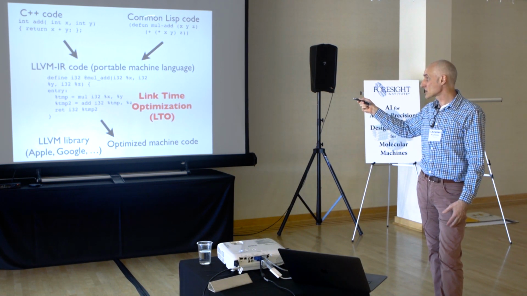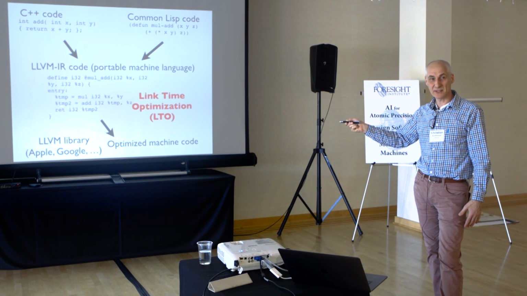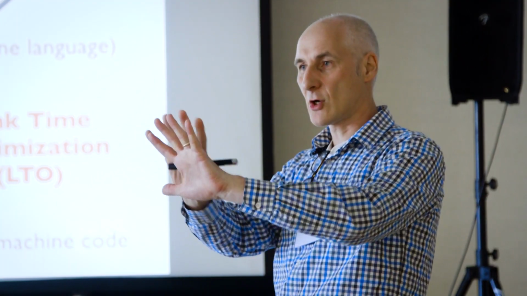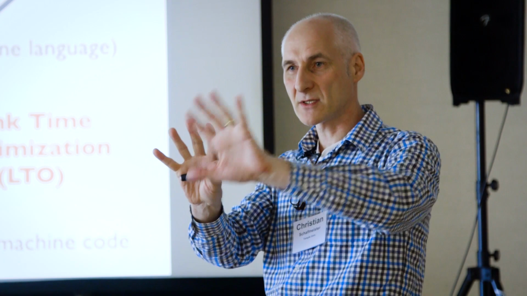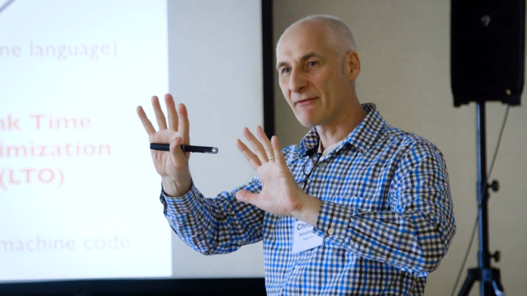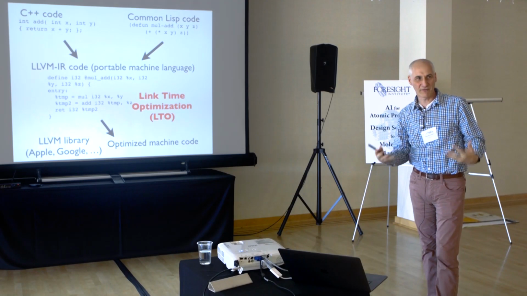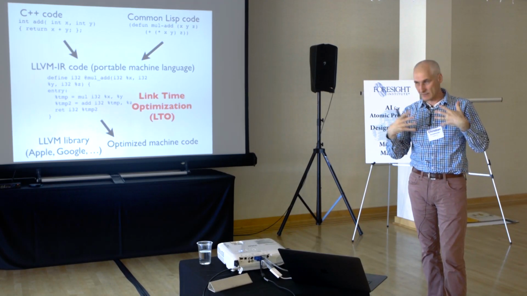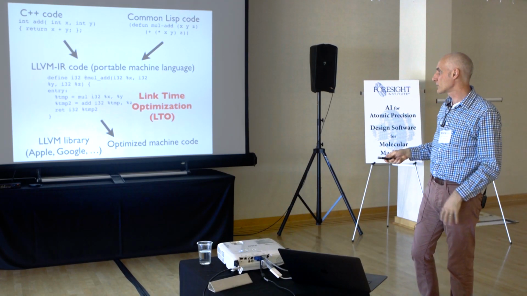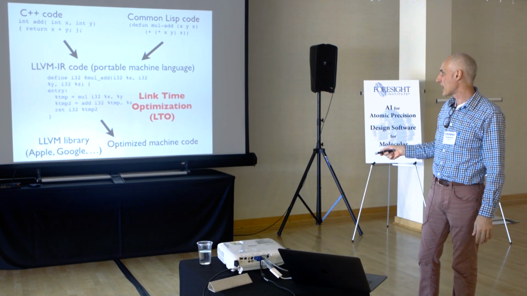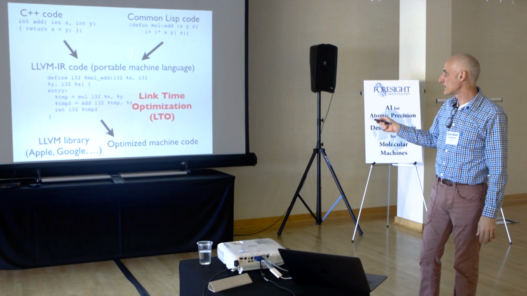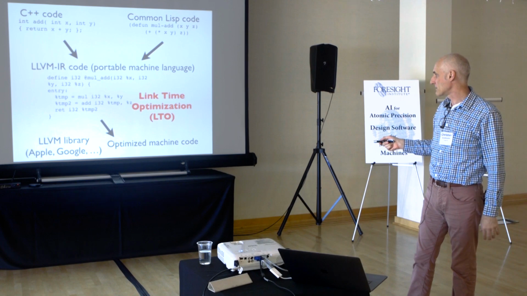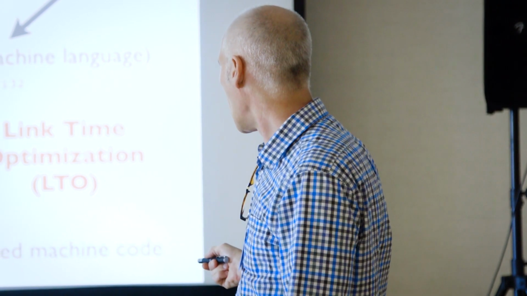Common Lisp is also compiled to the same intermediate representation. So you can link code together from C++, Common Lisp, Fortran, and have it all inlined within each other to generate code that runs as fast as possible, with as few barriers between as possible. So this is the big central engine behind CANDO.